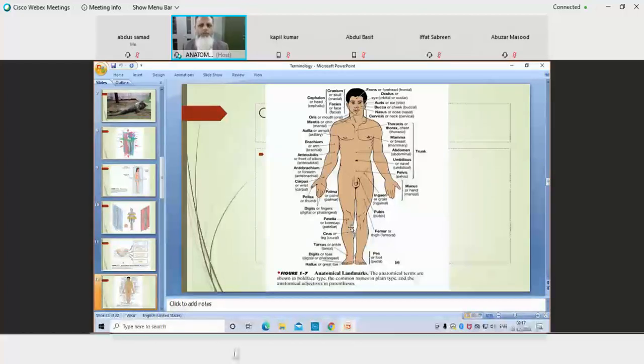Towards the cranial end, cranium basically, the skull is called the cranium. Any structure towards the head end will be known as superior, and any structure towards the foot end will be known as inferior.